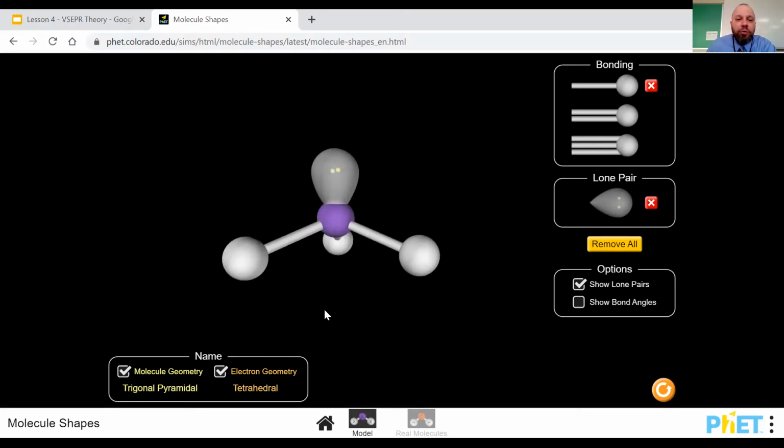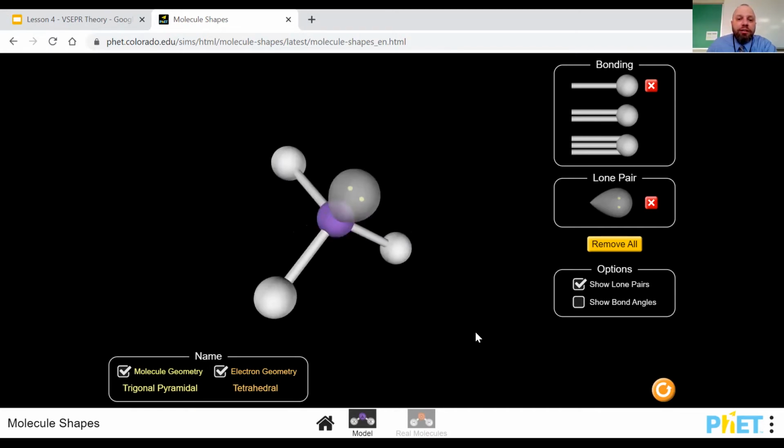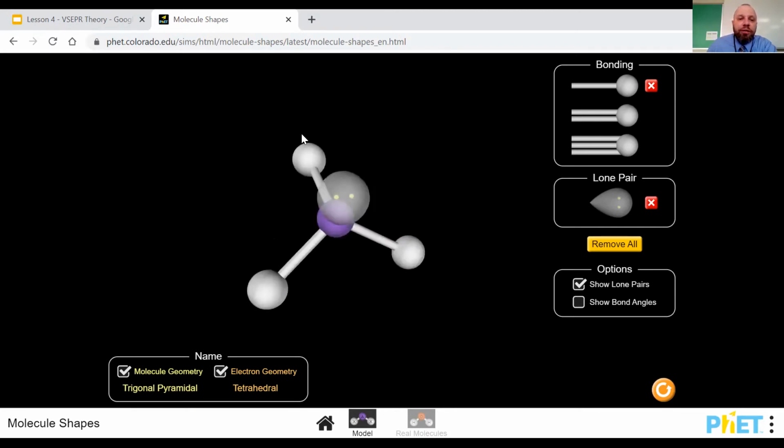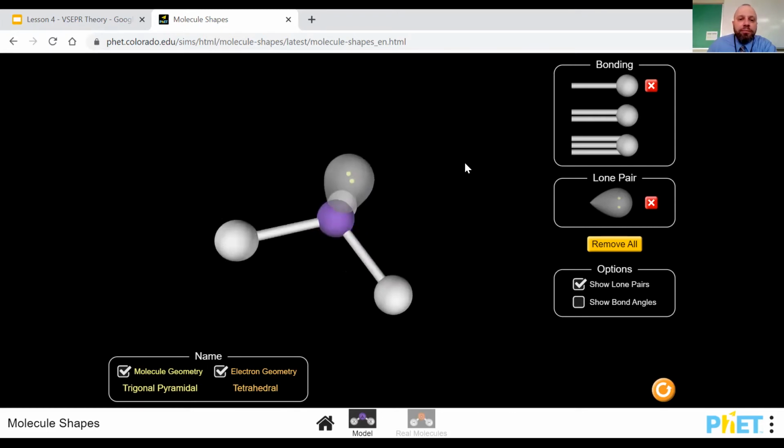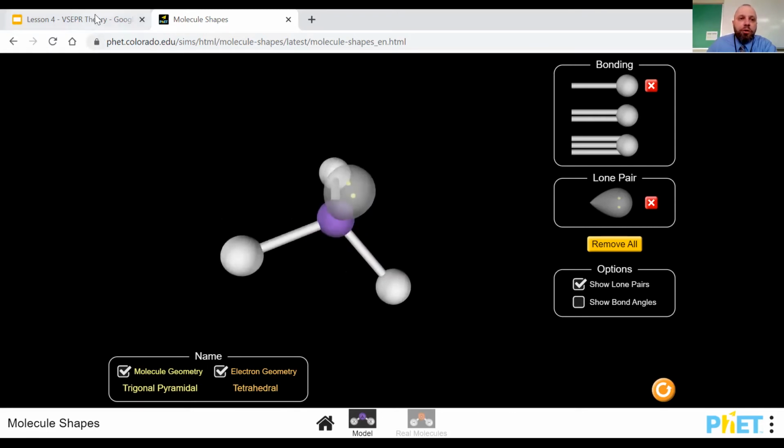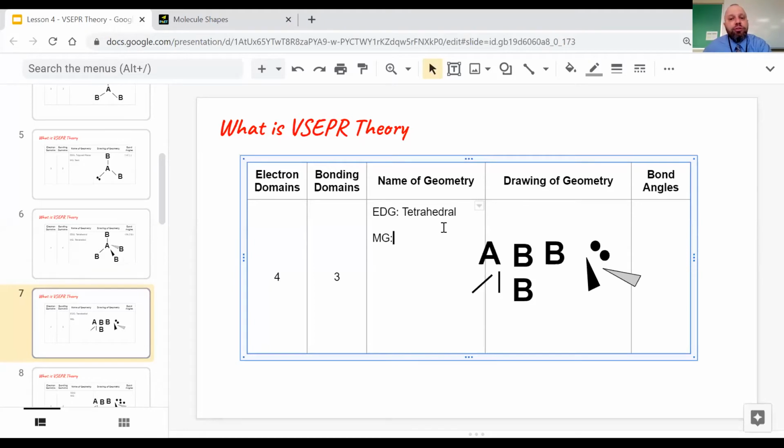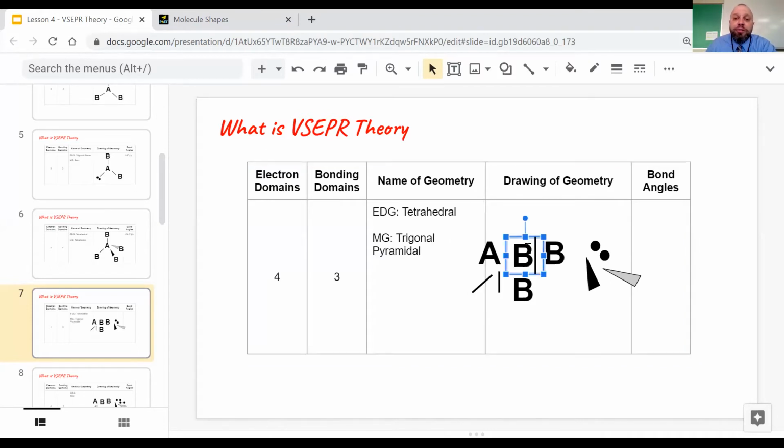So if I hold it right here, you can see that it looks like a pyramid with a triangular base. If I just rotate this around in 3 dimensions so that you can see this. So we're going to do our very best to try and recreate that representation. So again, this time we're going to put our electrons at the top, just like we saw in the initial diagram.